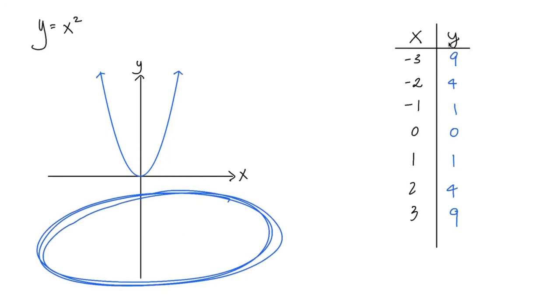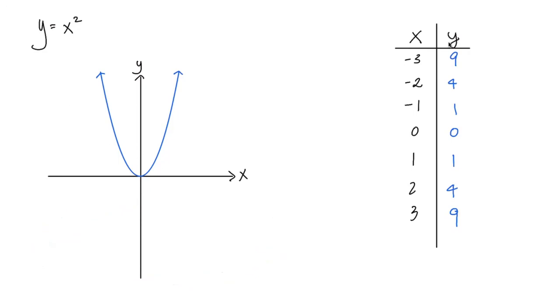And we say, oh, there's nothing below the x-axis because the y value cannot be negative, since any number multiplied by itself must be positive. It doesn't matter if you have a negative number or a positive number. If you multiply by itself, it will end up positive. So that's why there's nothing underneath the x-axis.